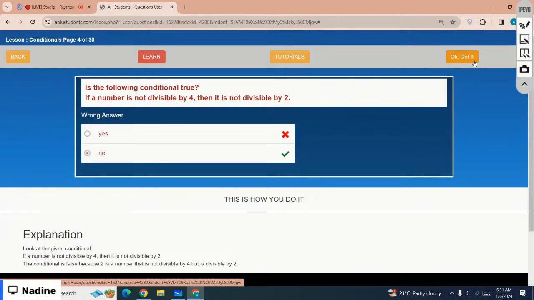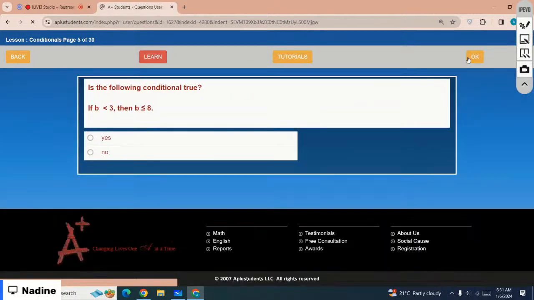Okay, the next one is: is the following conditional true?